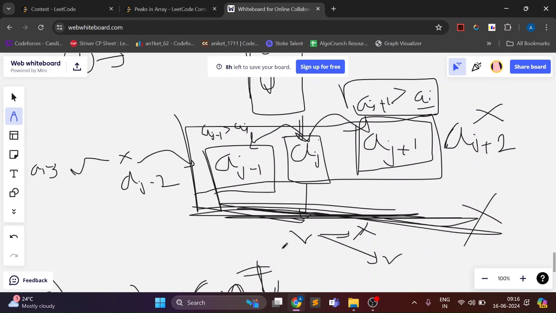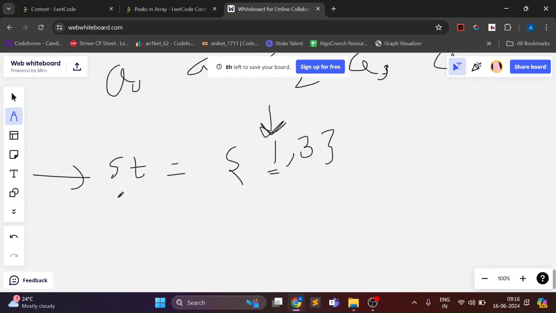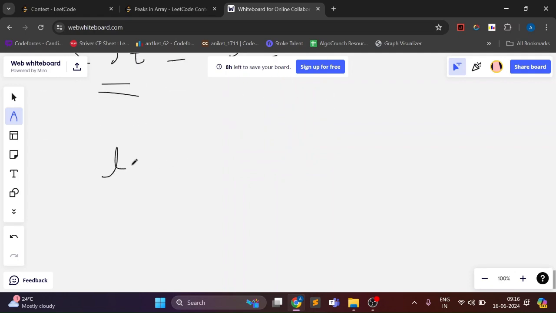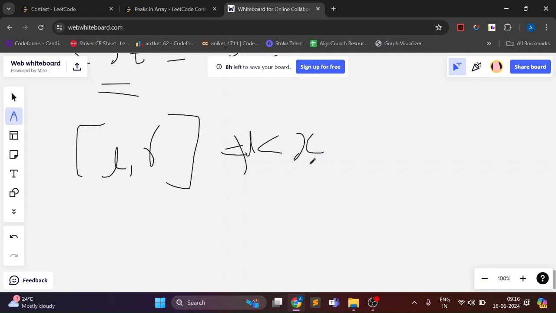And now if any of them becomes a peak, then I will again insert them in my ordered set. Now for queries L and R, we basically want elements in the set such that the value, let's say x is an element in the set, the value of x is greater than L and less than R. So we want the count of x.